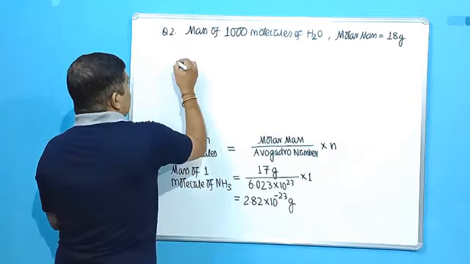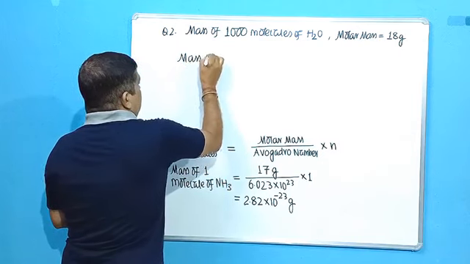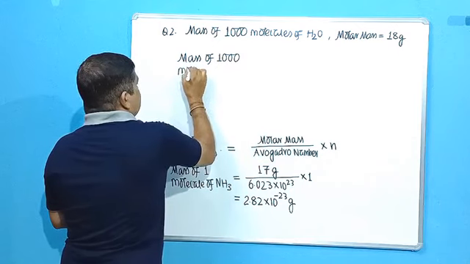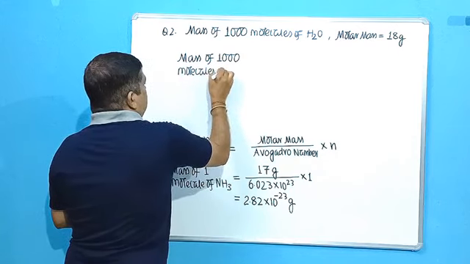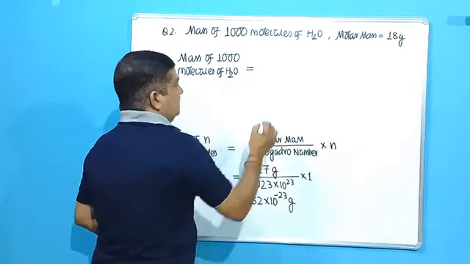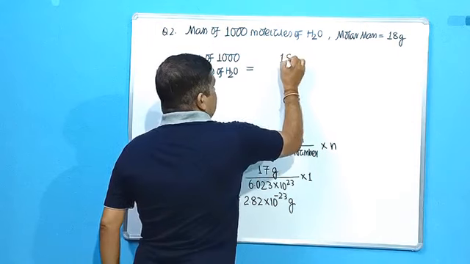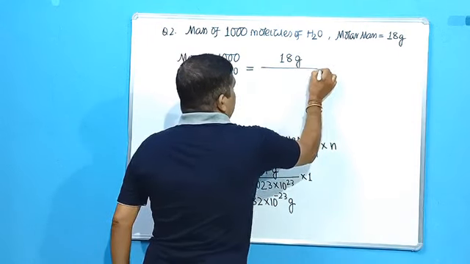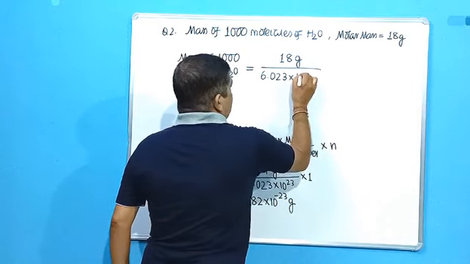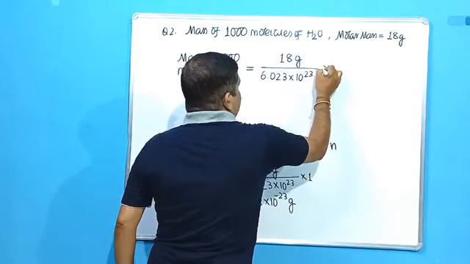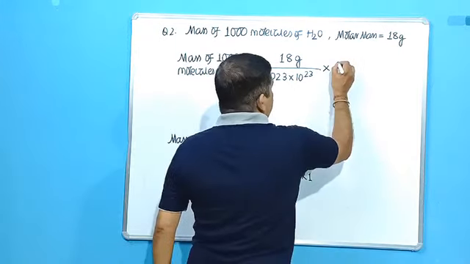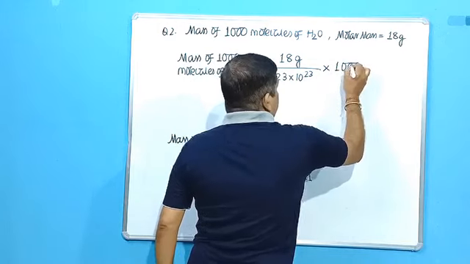Putting this formula directly, the mass of 1000 molecules of water will be equal to molar mass 18 gram divided by Avogadro number 6.023 into 10 to the power 23 into n. How many molecules are given? n is equal to 1000 here, so into 1000.